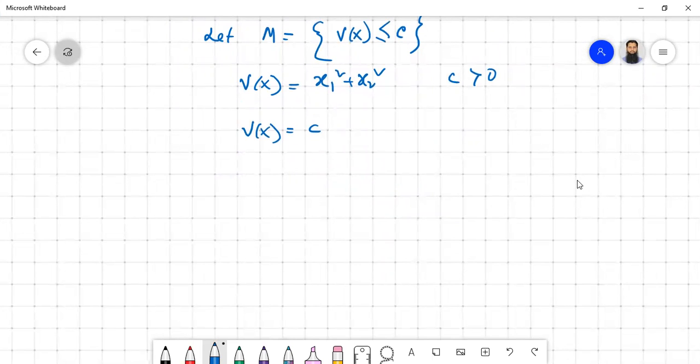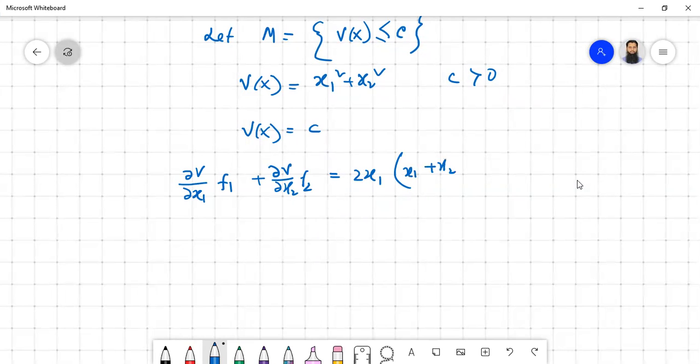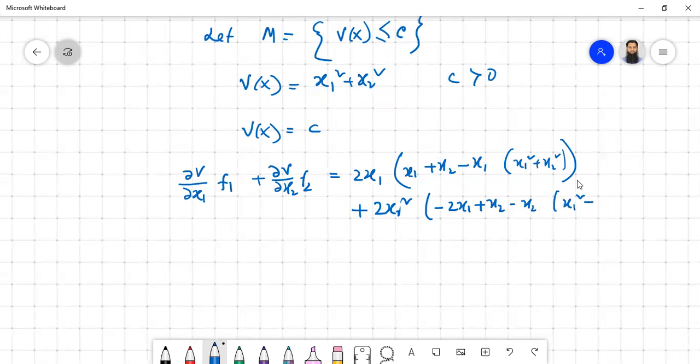On the surface, if you apply the direction formula that we have derived, del V by del x1 times f1 plus del V by del x2 times f2 equals twice x1 times the first function, x1 plus x2 minus x1 (x1 square plus x2 square), then plus the derivative 2x2 times the function f2, minus 2x1 plus x2 minus x2 (x1 square plus x2 square).